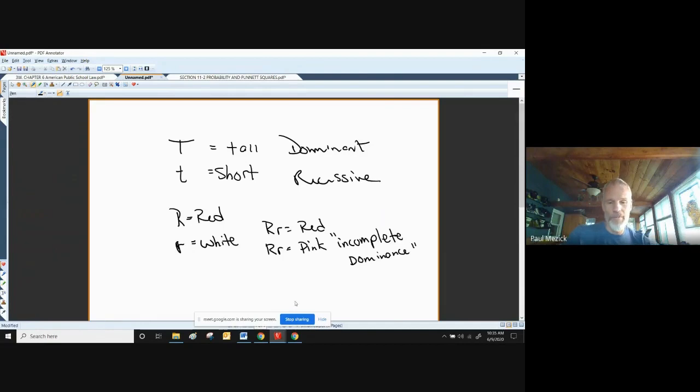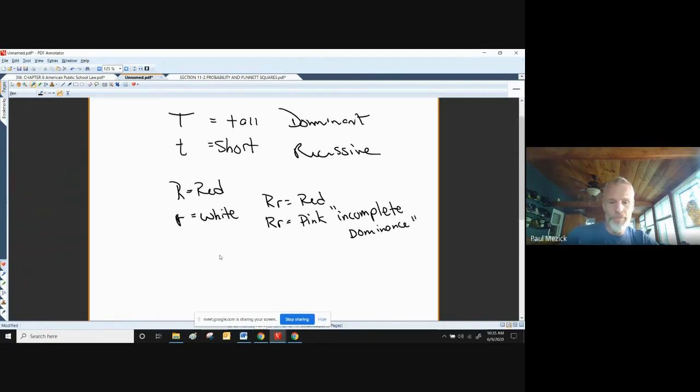The other one is, we'll use one that just makes a little more sense. So we'll say capital B is black and little b is white.